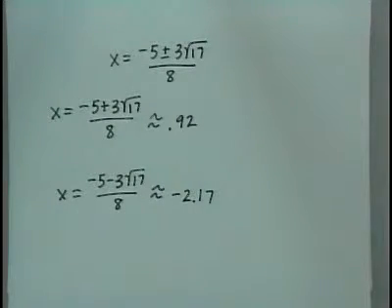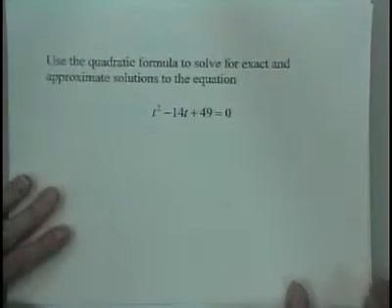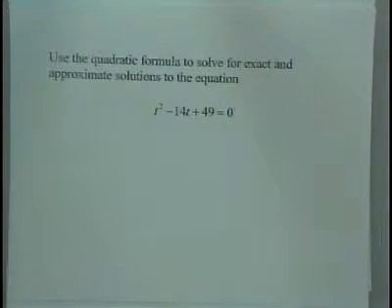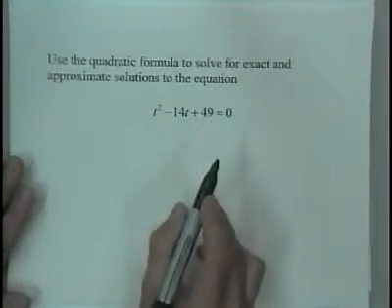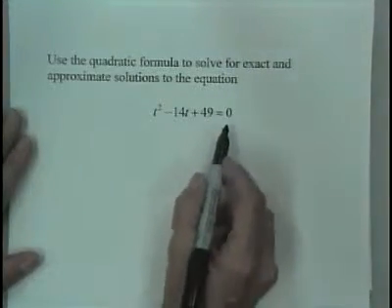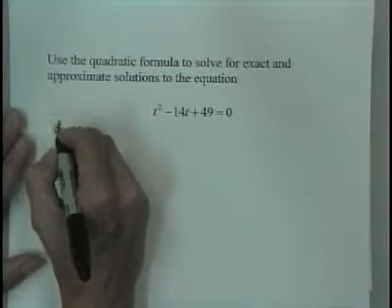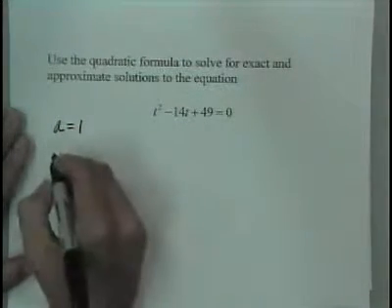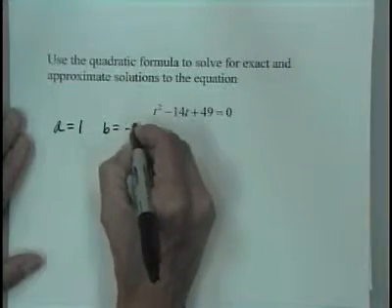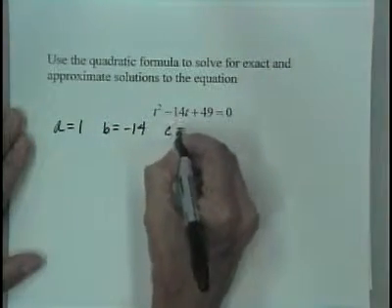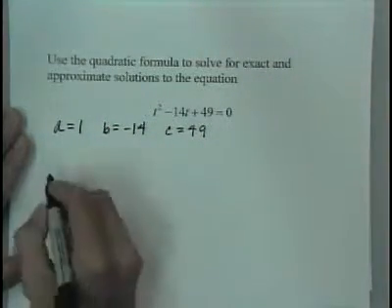Well, let's try another example. Again, we want to use the quadratic formula to solve for exact and approximate solutions. We have t squared minus 14t plus 49 equals 0. This is already in standard form. A is 1, B is negative 14, and C is 49.